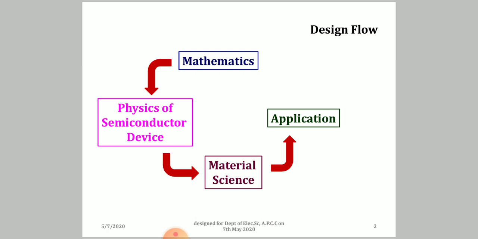Now look, till now we have generally neglected this material science part. If you again recall that particle in a box problem, have you ever thought that it deals with some sort of material parameters? No. We assumed the free space effective mass.